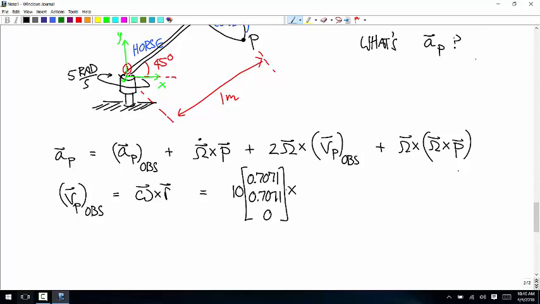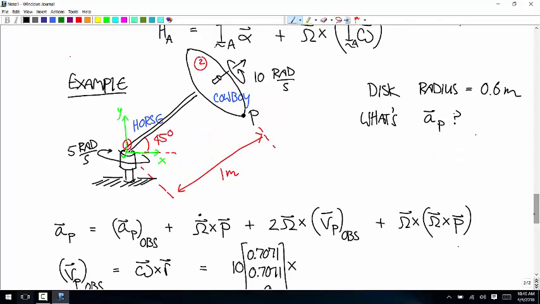And we're crossing that with the r vector. We should have rotated the coordinate system. Well, it's not so bad. What's the r vector for that circular motion? The magnitude's 0.6. Yeah, negative 45.